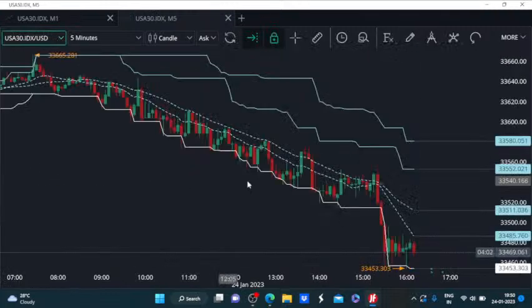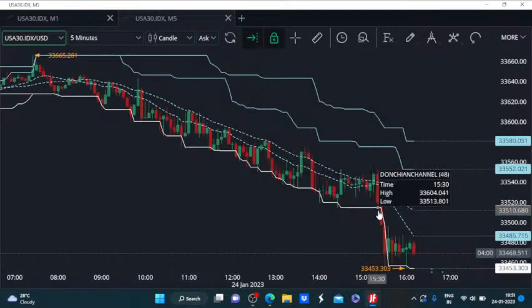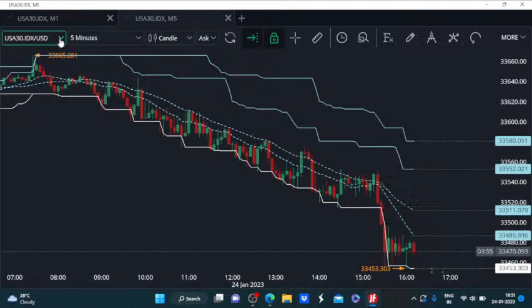Let me compare it with this Dow Jones Industrial Average charting. It is less so for the Dow Jones.